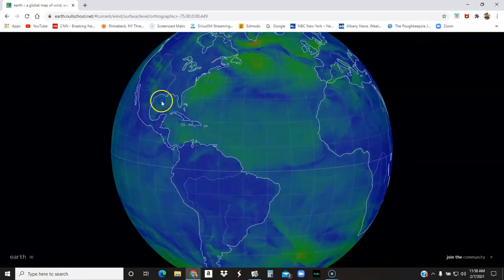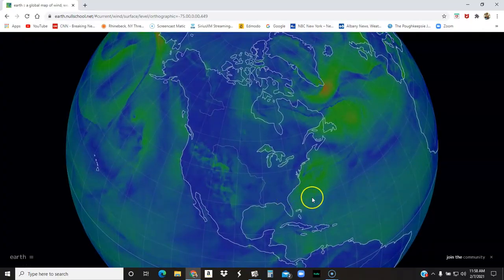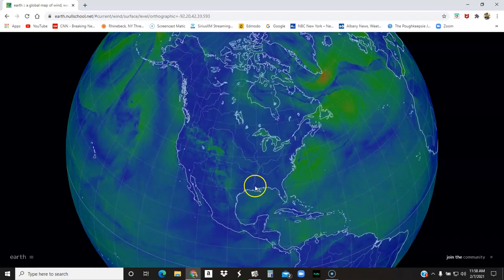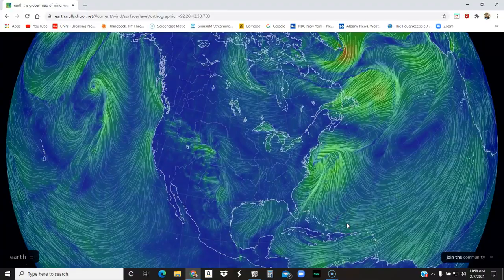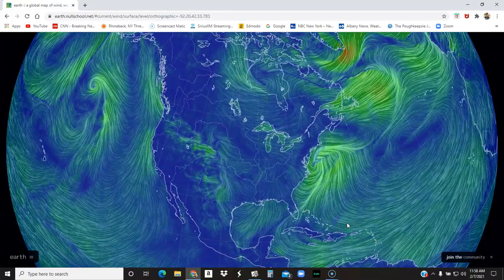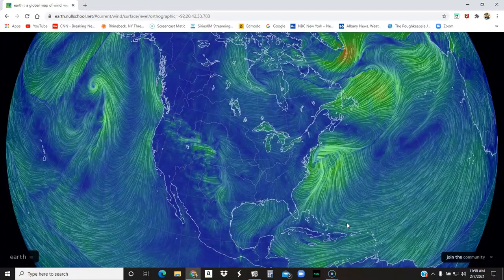Focus on the United States. You can rotate the Earth, which is kind of cool. I'm going to zoom in more. Now remember, today's Sunday. We have a storm off the eastern seaboard, and you'll actually see it. It's a low pressure. And remember, a minute ago we said winds go counterclockwise around a low. So if you look at the east coast of the United States, can you see that counterclockwise?